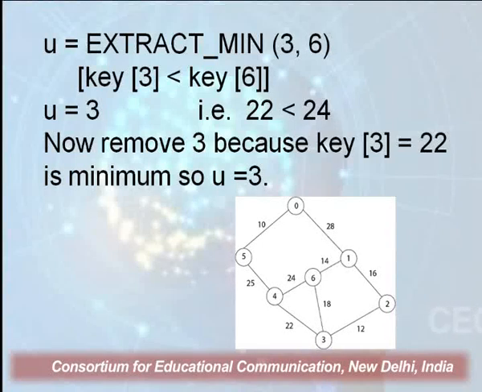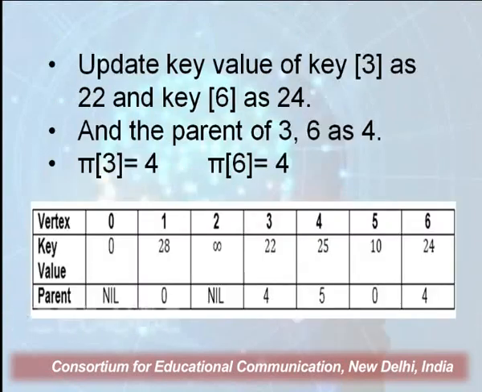Now again if we do extract min, we will be removing 3 because the key of 3 is 22 and that is the minimum among 22, 24, 28 and infinity.